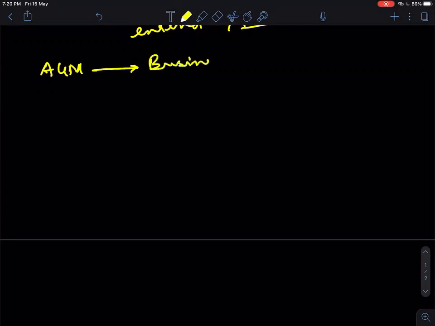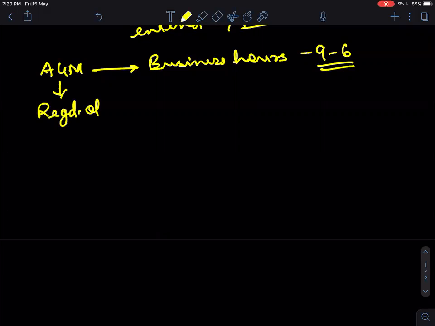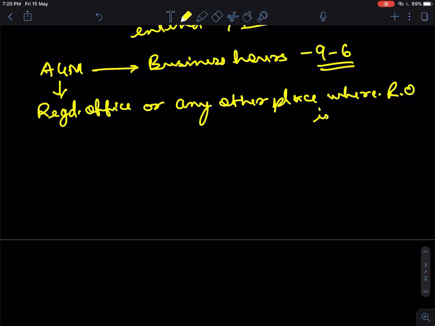Business hours, which is 9 a.m. to 6 p.m. As well as the AGM shall be held at the registered office of the company or any other place where the registered office is situated.